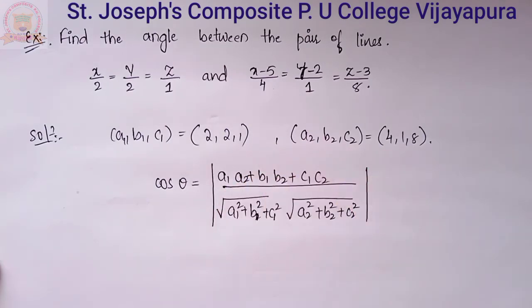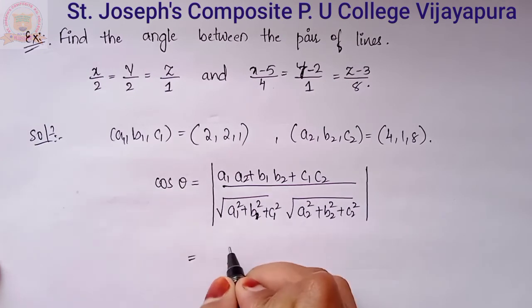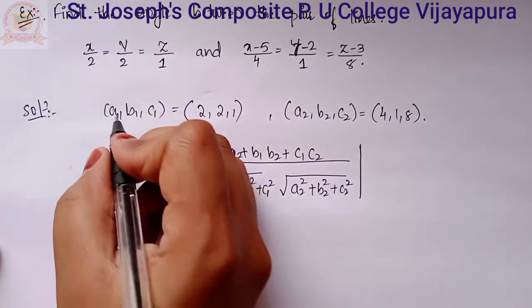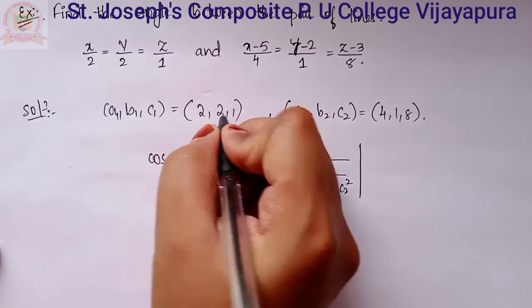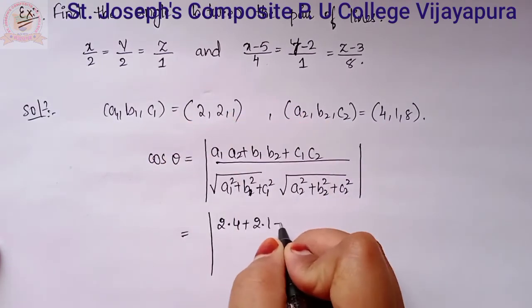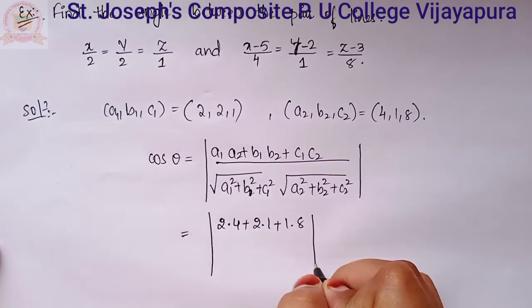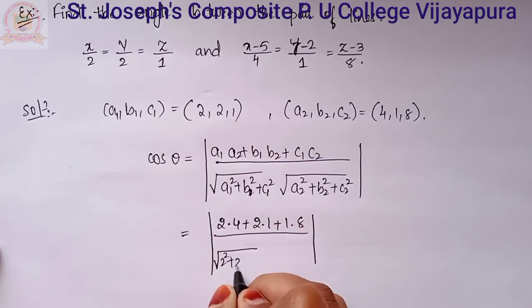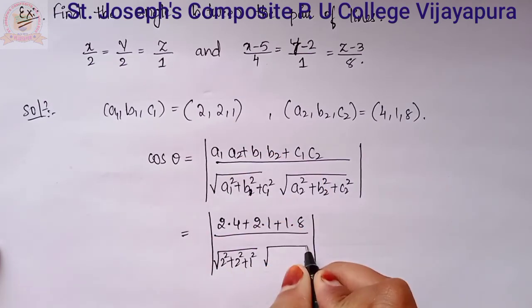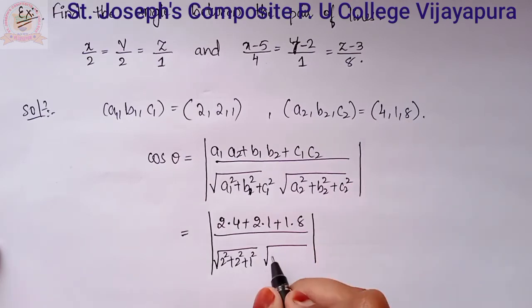On substituting a1 b1 c1 and a2 b2 c2, we get mod of 2 into 4 plus 2 into 1 plus 1 into 8, whole divided by root of 2 square plus 2 square plus 1 square into root of 4 square plus 1 square plus 8 square.